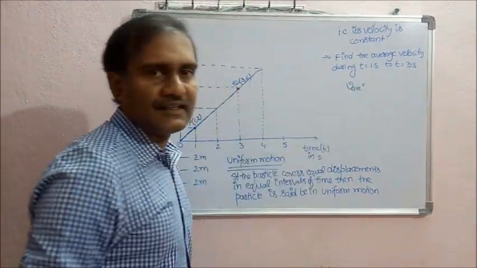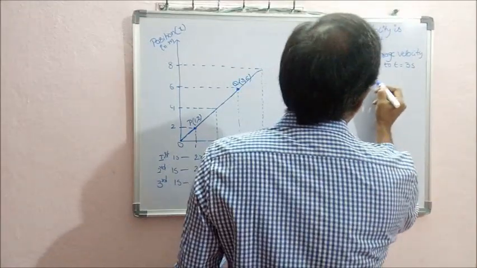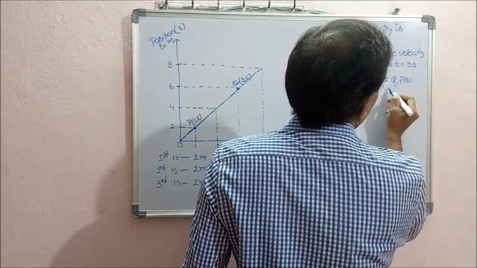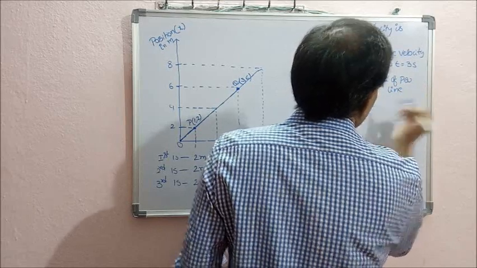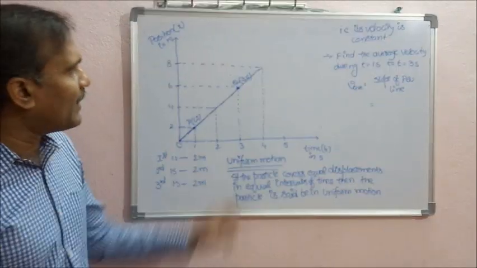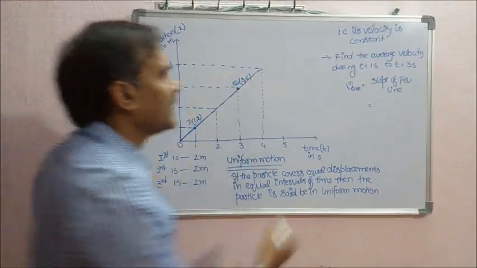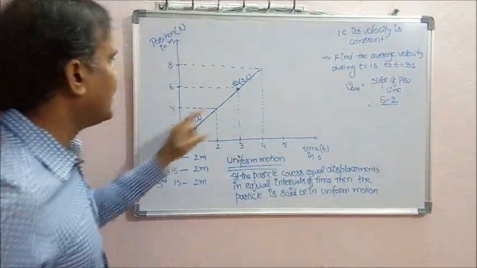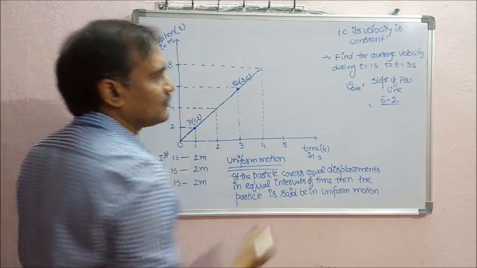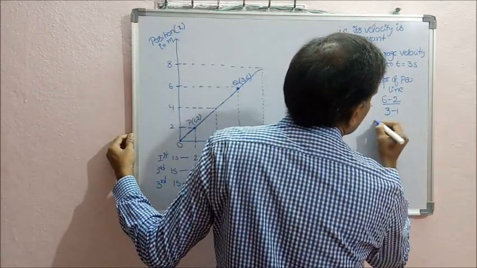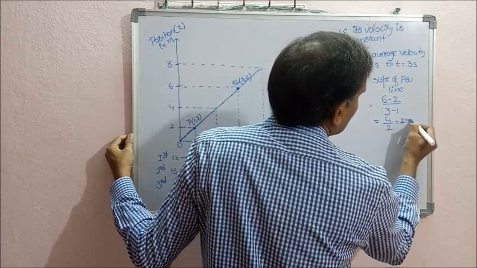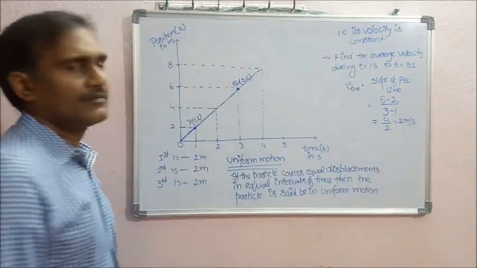Therefore, average velocity is nothing but slope of PQ line, which is equal to change in y coordinates, 6 minus 2, divided by change in x coordinates, 3 minus 1. 6 minus 2, 4, divided by 2, which is equal to 2 meter per second.